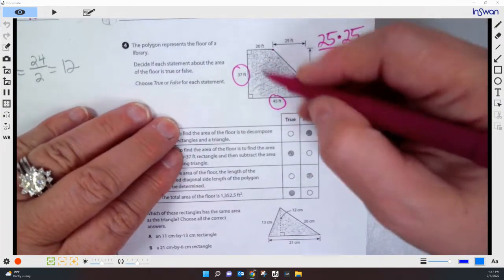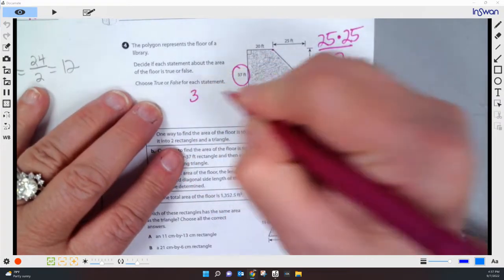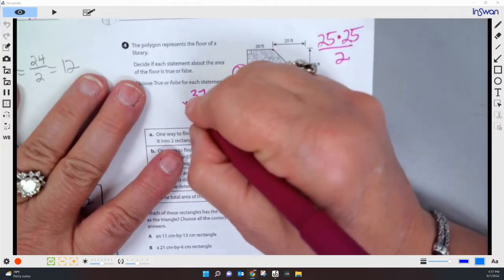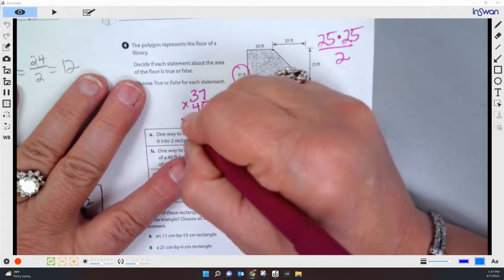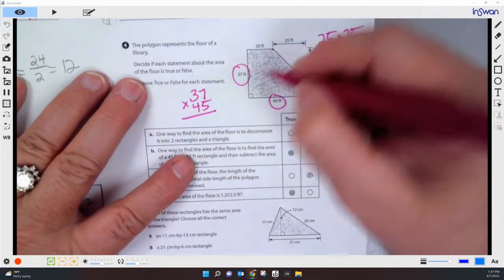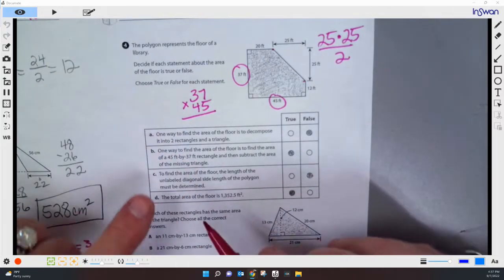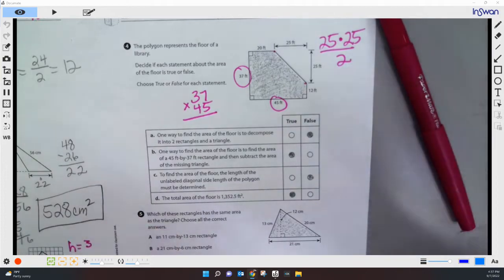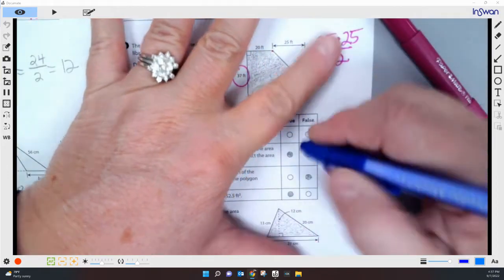The area of this part would be 37 times 45. And then we would subtract the area of the triangle from that to get the area of the shaded part. Okay. So if we look at our directions here, and this is not correct, I took this paper from somebody else. Let's just erase these and then we'll go through them.